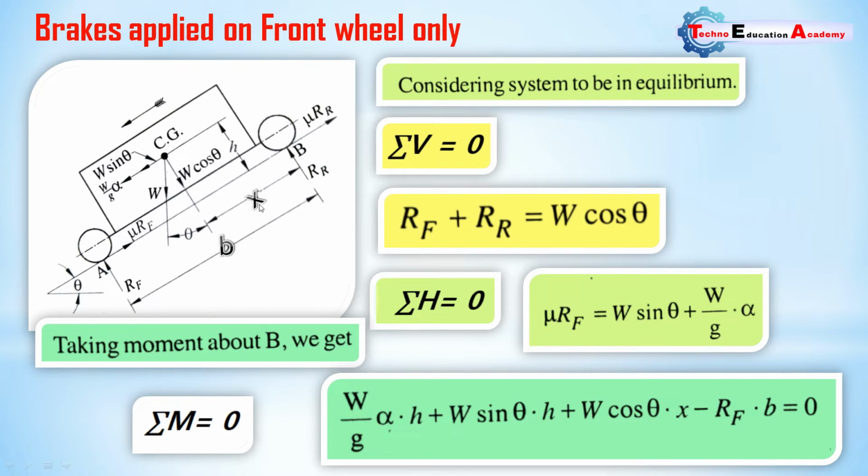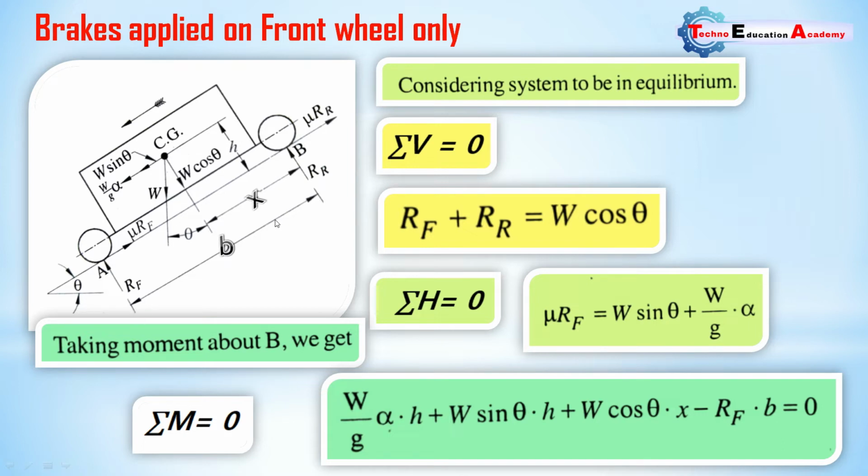Its distance is x from point B. So W cos theta into x is the perpendicular distance from point B. Then RF is the normal reaction at front wheel, which is perpendicular to the road surface.